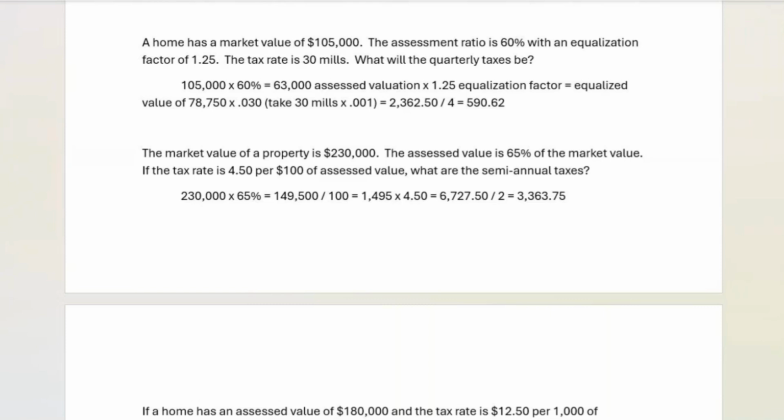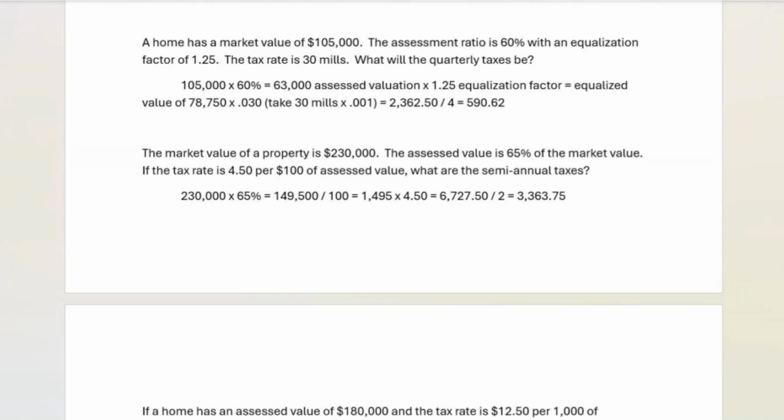So 30 mills would be the equivalent of 0.030. Then you will multiply it by your equalized value to give you annual taxes of $2,362.50. But you'll note that is not your answer because the question asks you for the quarterly taxes. So you have to divide that by 4. You will get $590.62 quarterly taxes.